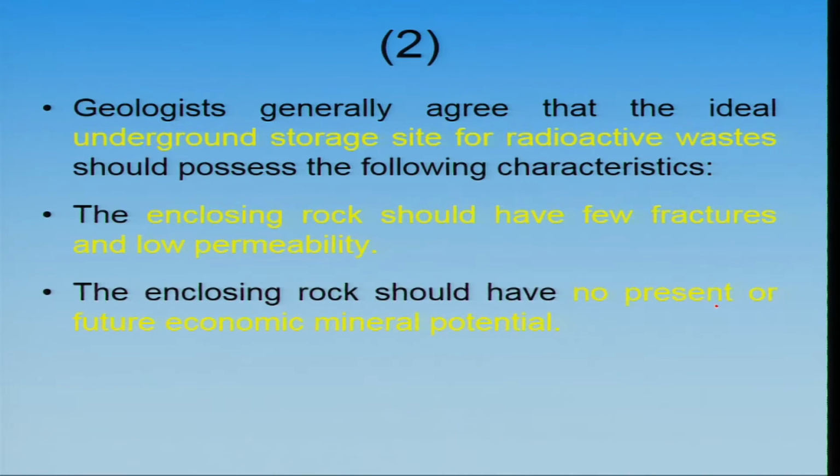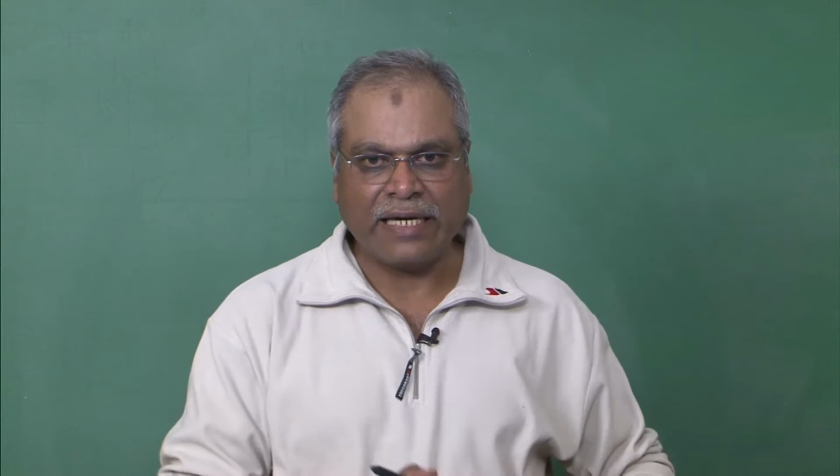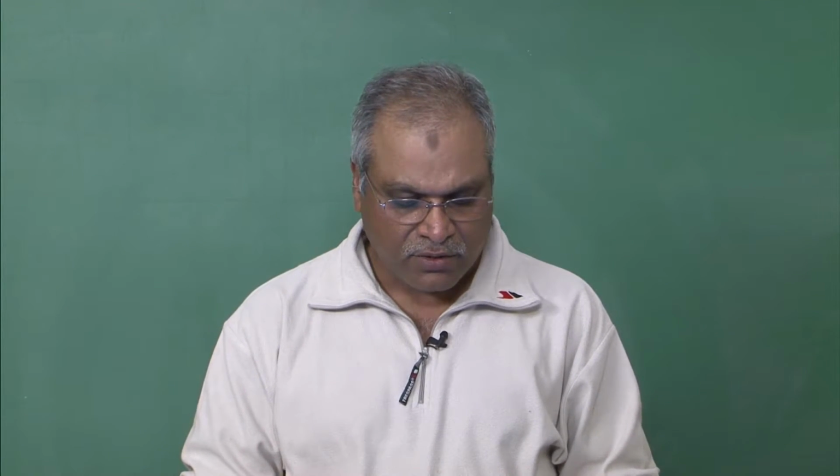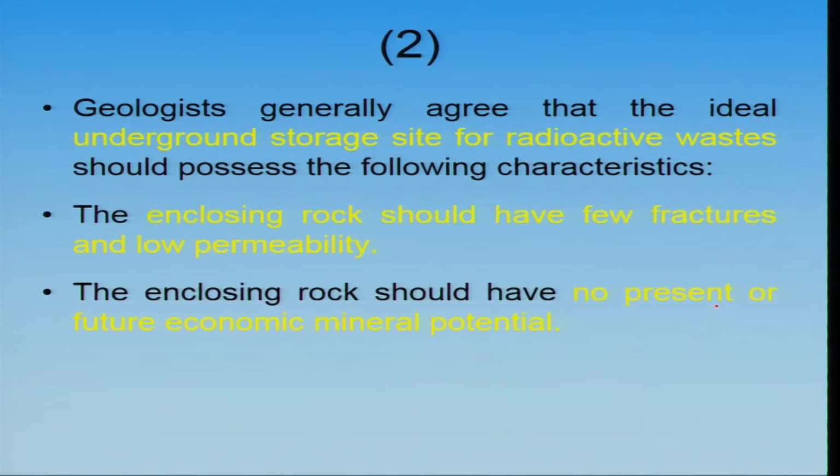The enclosing rock should have no present or future economic mineral potential, because maybe after 100 years or 50 years you may need some mineral exploration, and you start digging and you will expose the waste disposal areas. So, the area should not have any future mineral exploration.